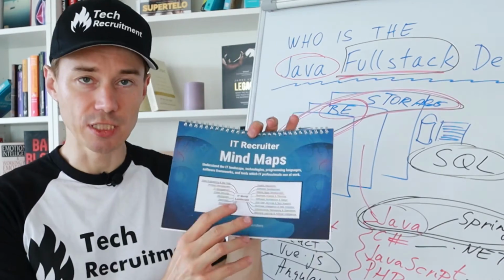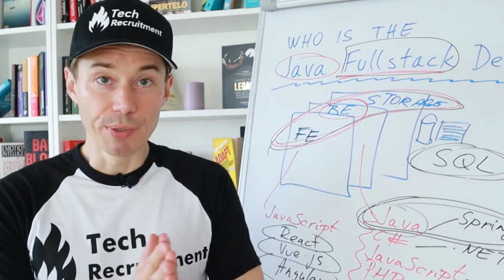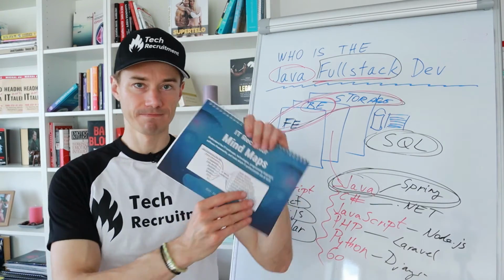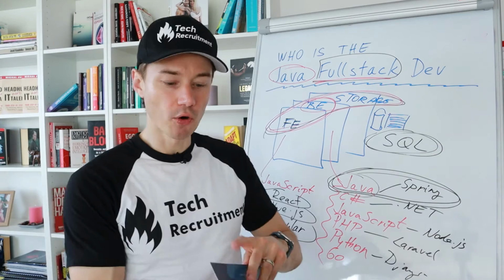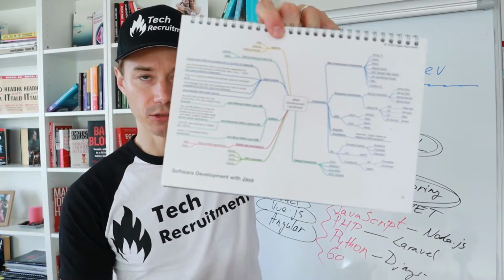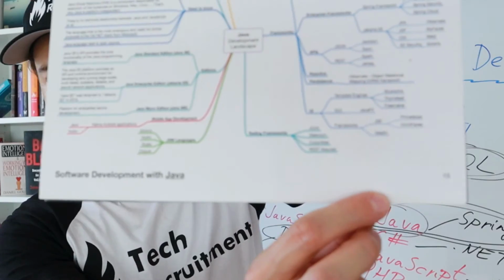I keep this booklet on my desk all the time, like this. Whenever I'm on a call, or even before a call with a hiring manager or with a candidate, I just pick it up and open it on a page. For example, in this case, page number 15. You see how fast it was? Like magic, right? Page number 15 focuses on Java.